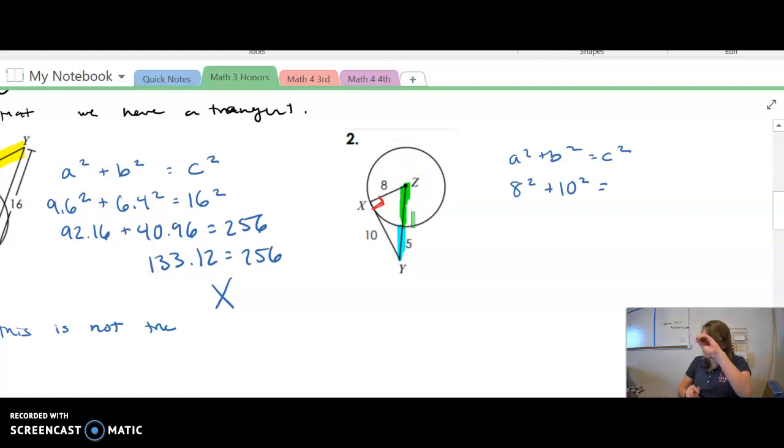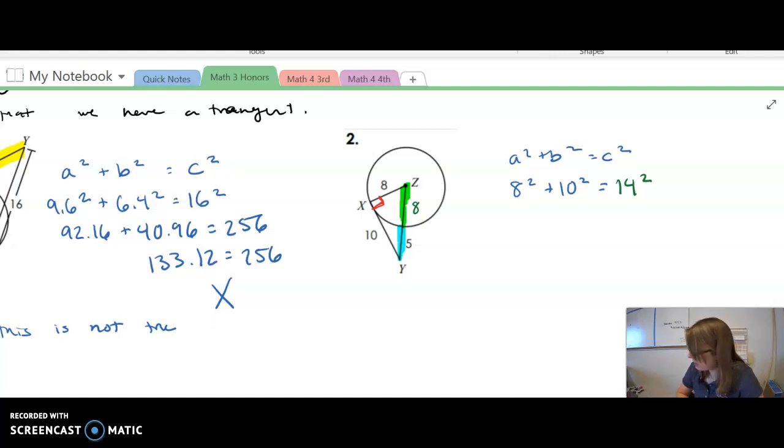Well, we have the center to the edge of the circle. So what is that? That's the radius. And we know what the radius is. It's 8. So we're going to do 8 plus 5, which is 13. So instead of 5, we're going to put 13 squared here. Okay? So now let's go through and solve for these squares.